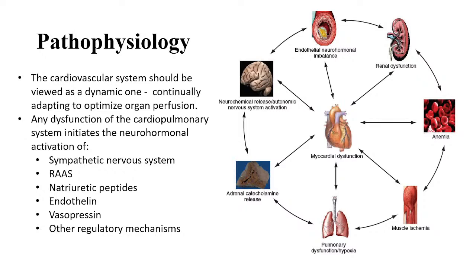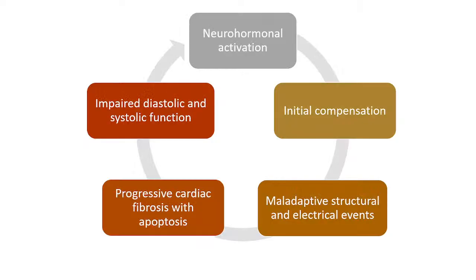Okay, when the cardiac output comes down, it tries to bring up the perfusion by sympathetic nervous system activation, the RAS pathway, the renin-angiotensin-aldosterone system, natriuretic peptides, endothelin, vasopressin, and other regulatory mechanisms. But the thing you have to know is that all these mechanisms that try to compensate for heart failure come at a cost. It leads to some maladaptive structural and electrical events.